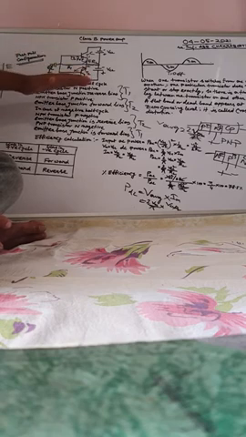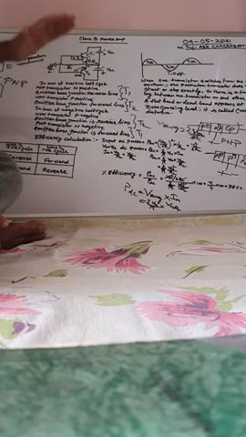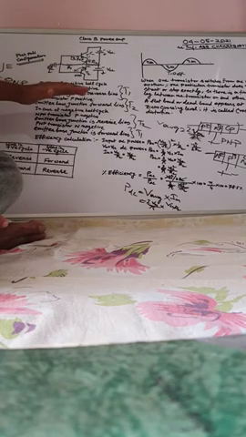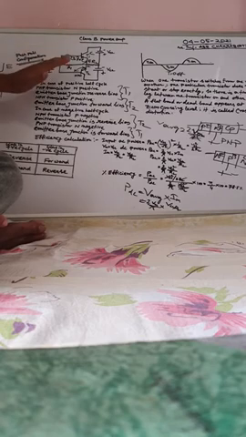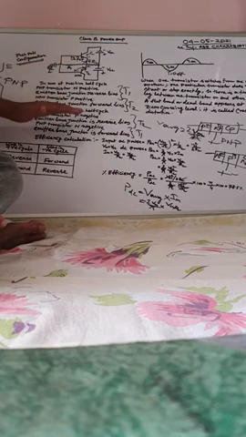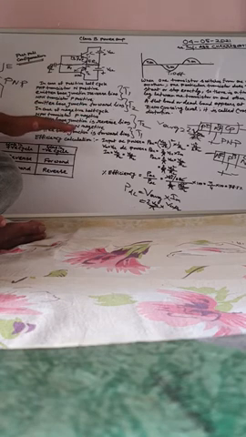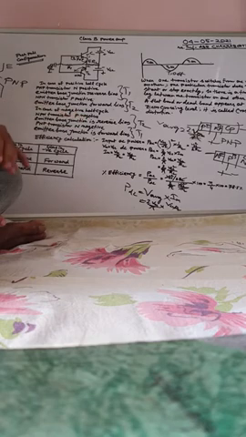One transistor is off because its emitter base junction is reverse biased, and the other transistor is on because its emitter base junction is forward biased. For the other half of the cycle, the same thing happens.